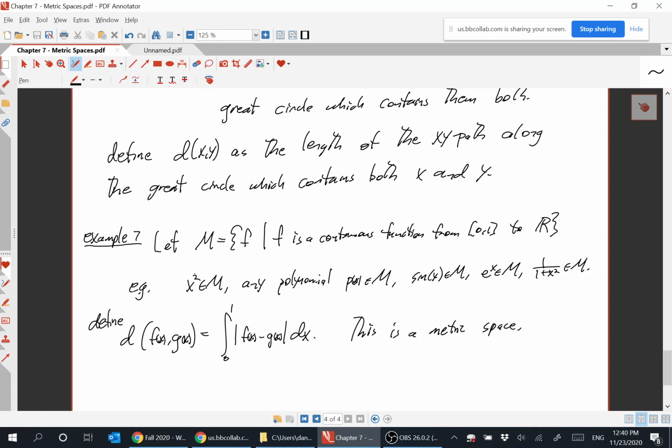Let M be the set of all f, such that f is a continuous function from the interval 0 to 1 to the real numbers.